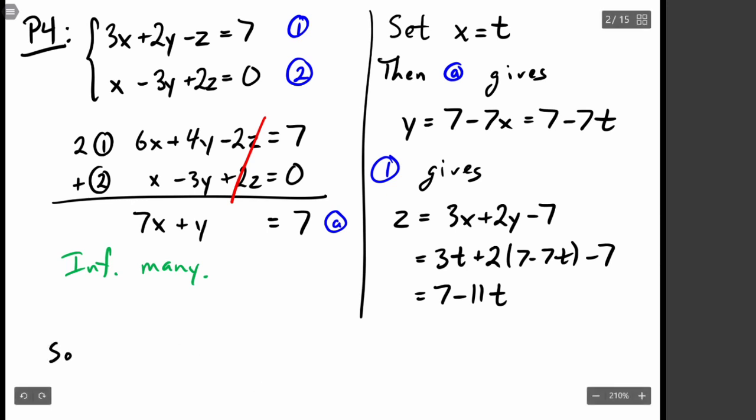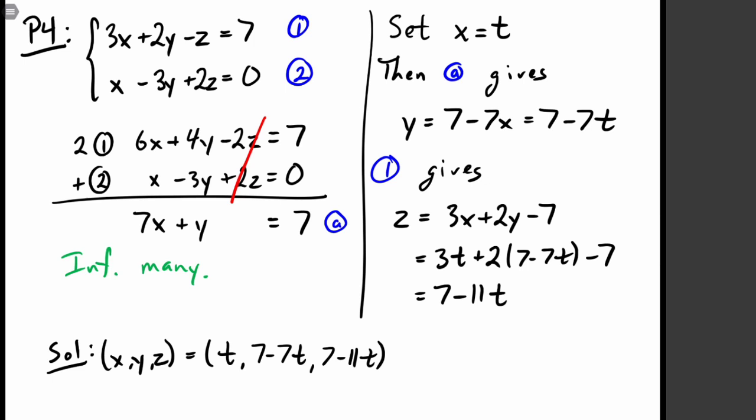So the solution is going to be (x, y, z) equals (t, 7 minus 7t, 7 minus 11t). And again, it's a good idea to understand what this solution should look like.